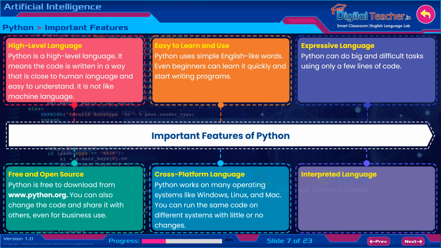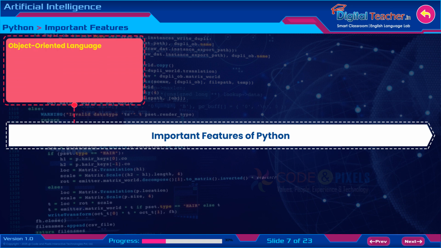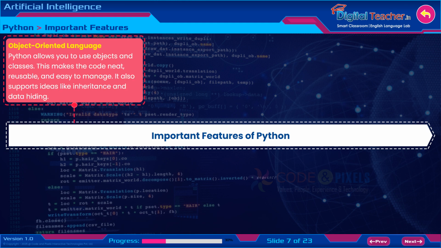Interpreted language. Python runs the code line by line. This makes it easier to find and fix mistakes. Object-oriented language. Python allows you to use objects and classes. This makes the code neat, reusable, and easy to manage. It also supports ideas like inheritance and data hiding.